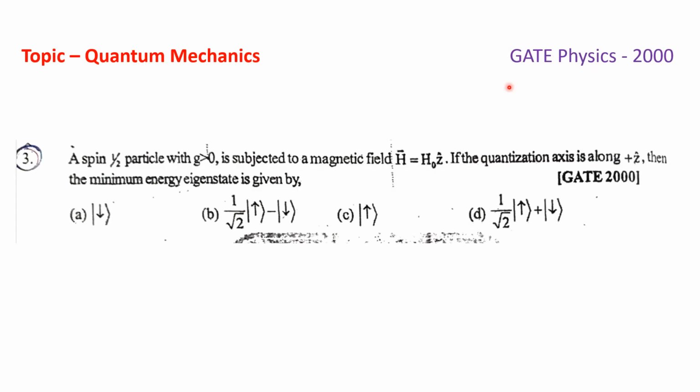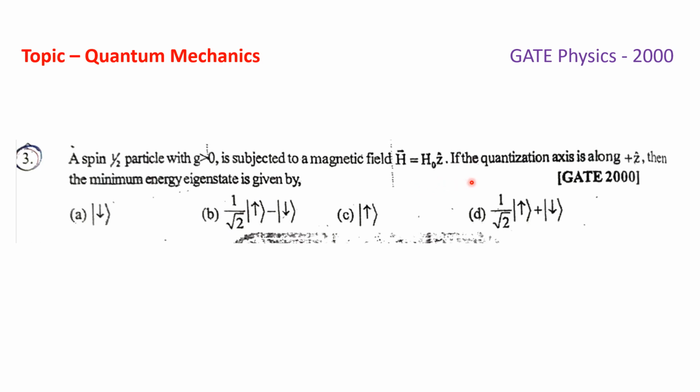This question was asked in the GATE physics paper 2000, and this is an MCQ type question from the topic quantum mechanics. The question is, a spin half particle with g greater than 0, that is the Landé factor value is greater than 0, is subjected to a magnetic field H vector equals H naught z cap. So the magnetic field vector is along the z cap direction.